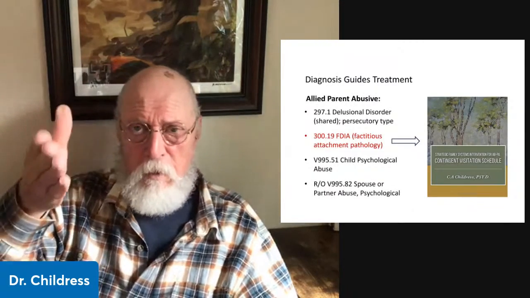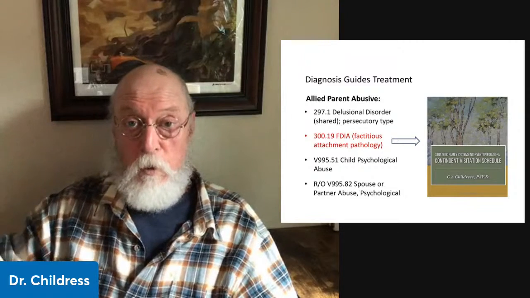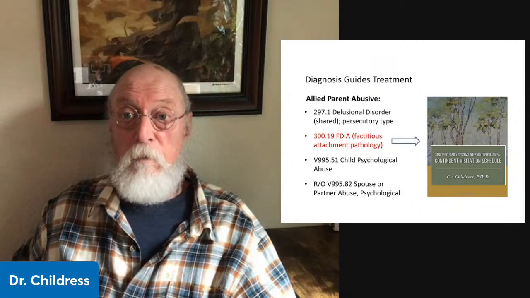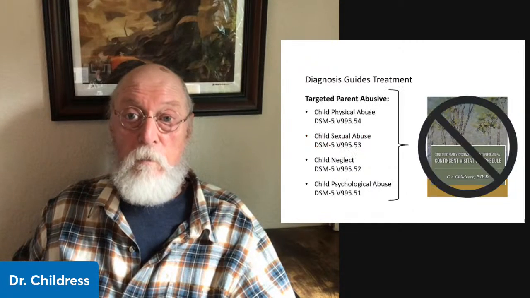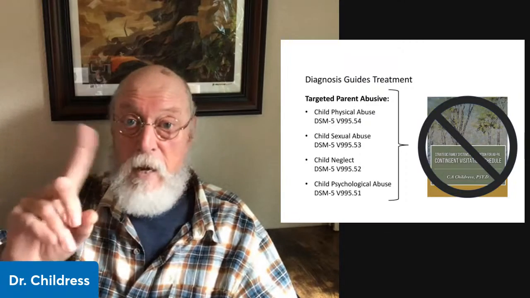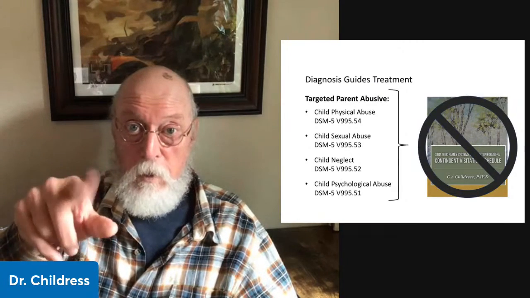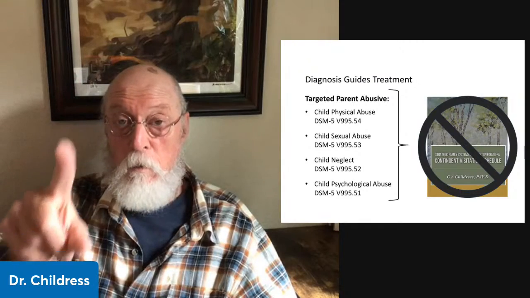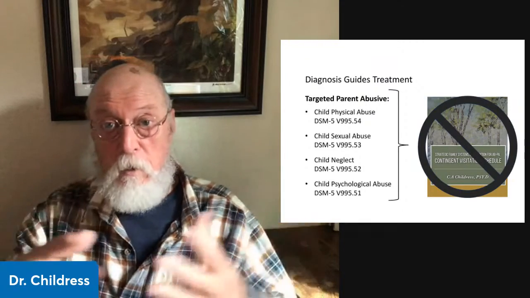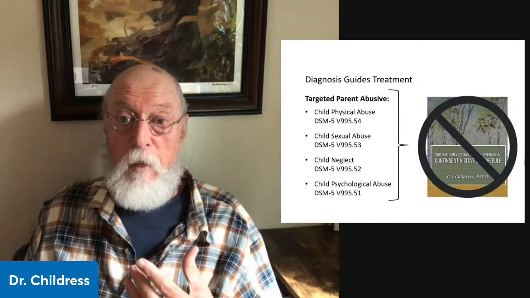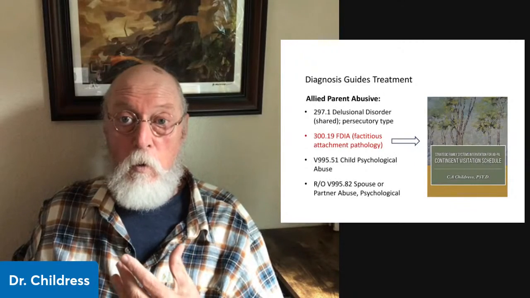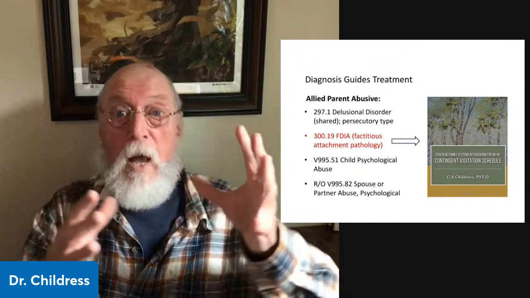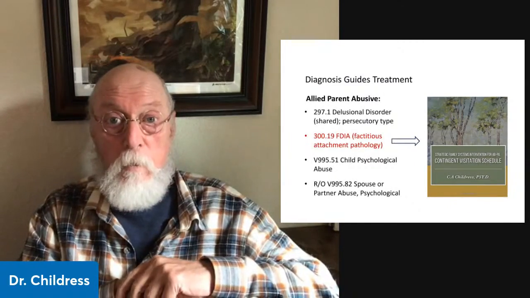So the continued visitation schedule is for the treatment of a factitious disorder imposed on another. It is not the treatment for authentic child abuse. In fact, it's exactly the wrong thing to do for authentic child abuse, because in the continued visitation schedule for the factitious disorder, we are essentially discounting the child's complaints about the targeted parent.